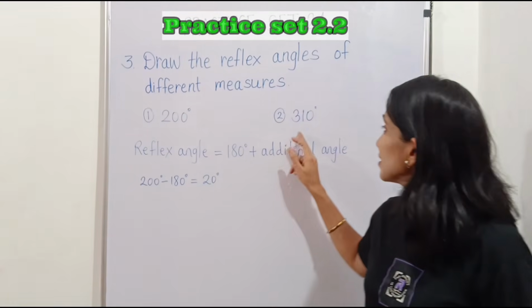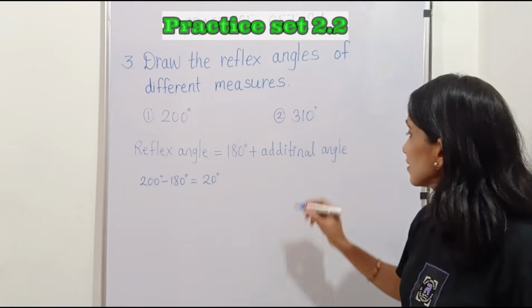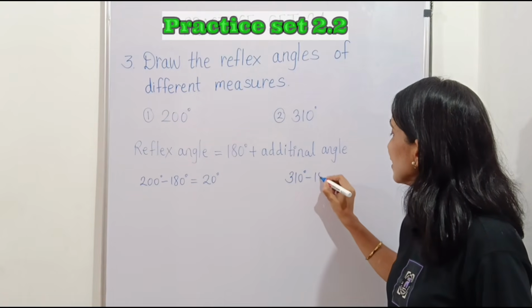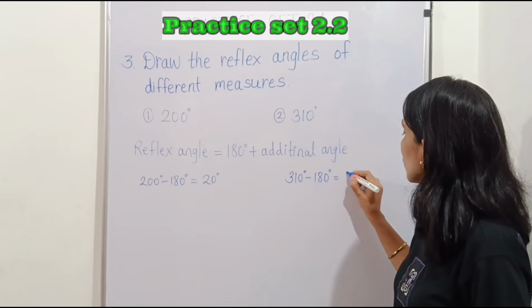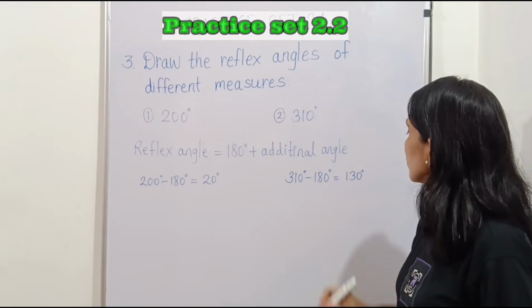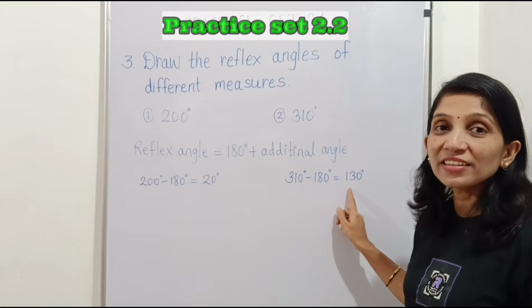Same for 310 degrees. 310 minus 180 equals 130 degrees. That means this is our additional angle.